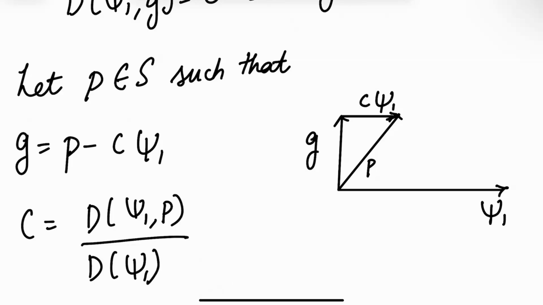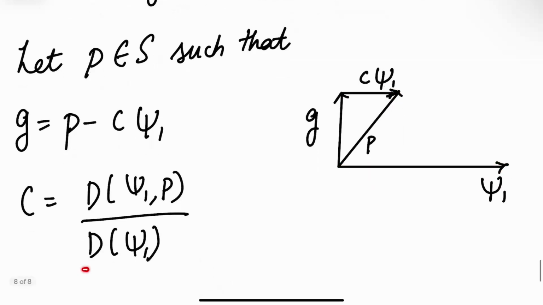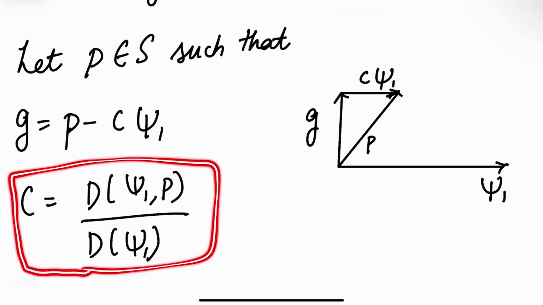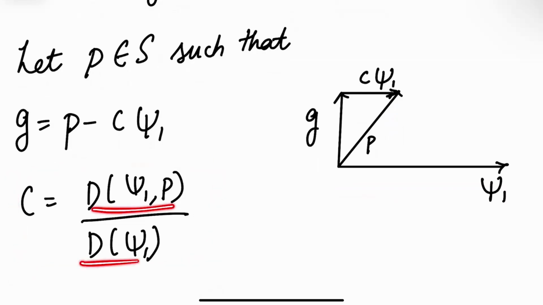And this is exactly just the projection. If I want to find C, I project P onto psi 1 and I divide by the length of psi 1. That's what this is doing. It's the inner product of psi 1 with P divided by the inner product of psi 1 with itself.